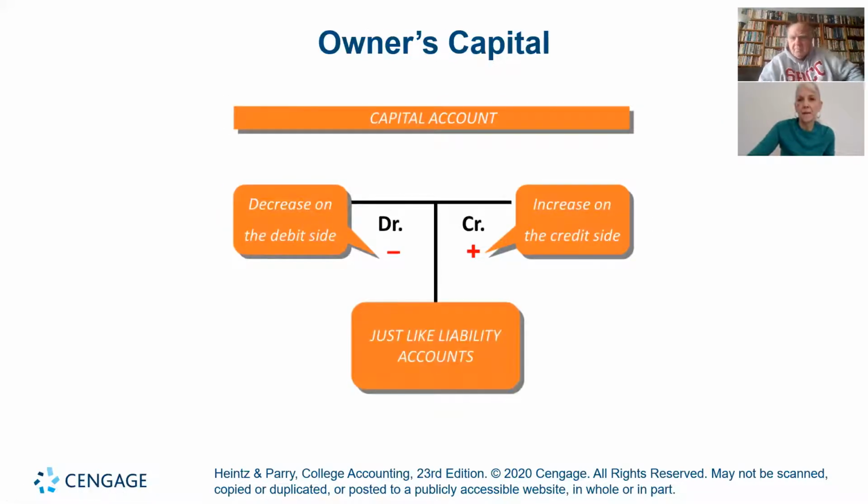Look at owner's capital, equity. That too has a credit balance, just like liability accounts. And maybe I can say this. We know our accounting equation is assets equal liabilities plus equity, right? If assets have a debit balance, by definition, liabilities and capital would have to have a normal credit balance, okay?